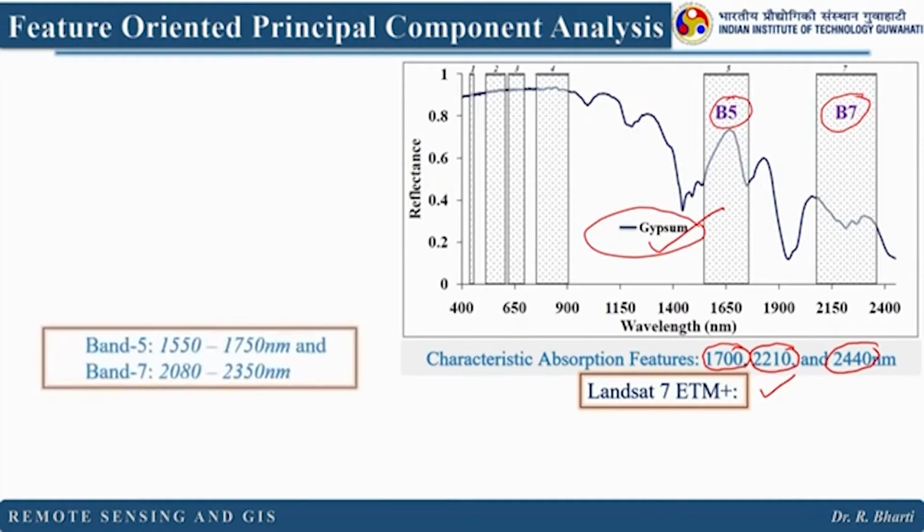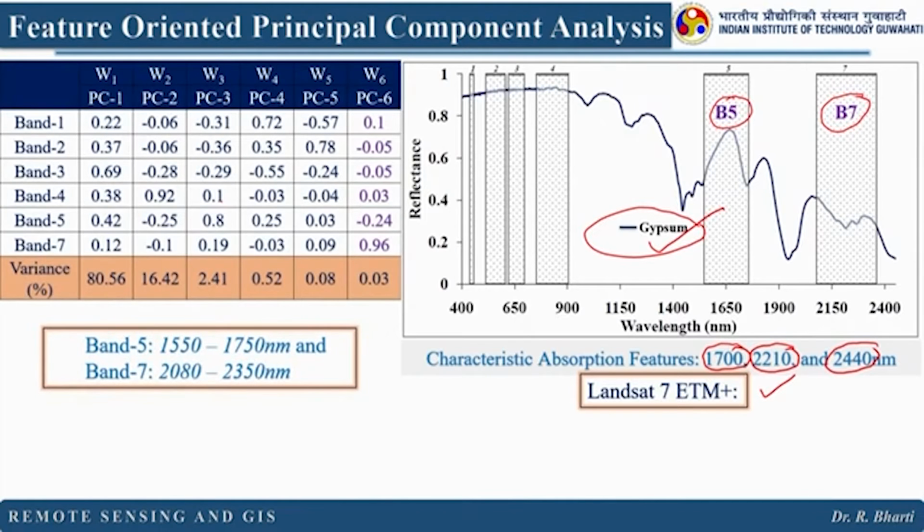Now if you have calculated principal components 1, 2, 3, 4, 5, 6, and here you see we have a total of 7 input bands, out of 7 we are interested to find out which principal components have more or less weightage of band 5 and band 7. Can you find out which principal component has the maximum weightage of band 7?